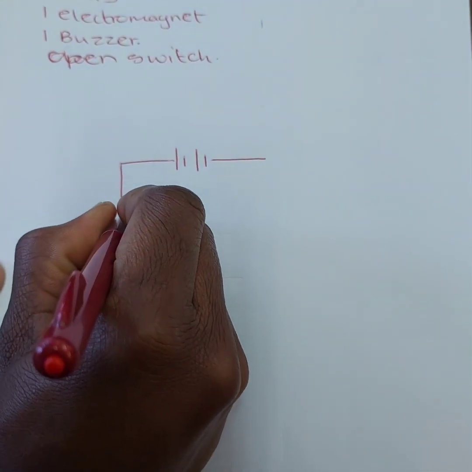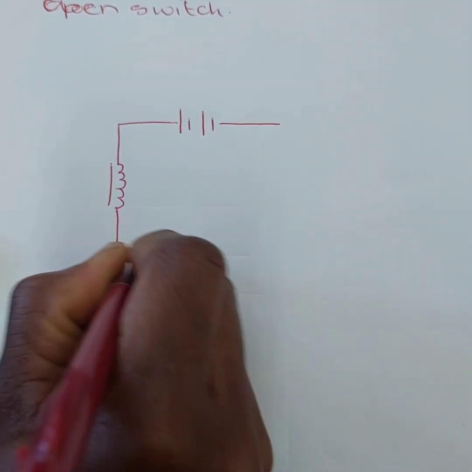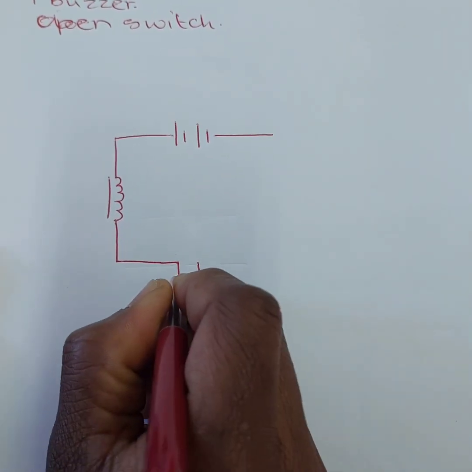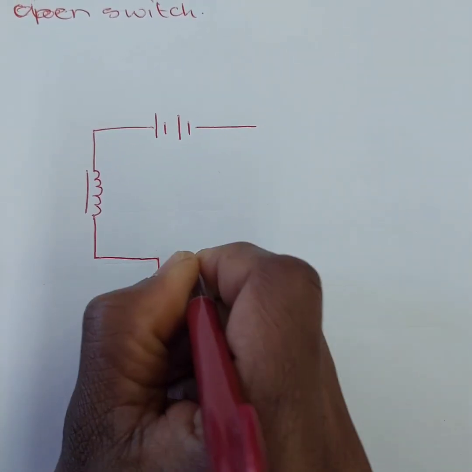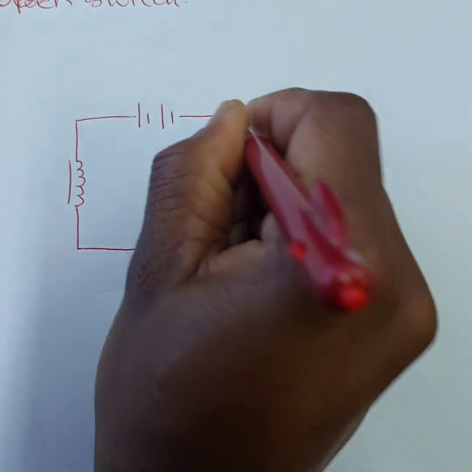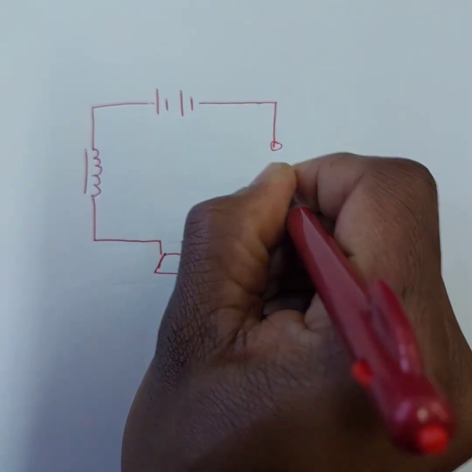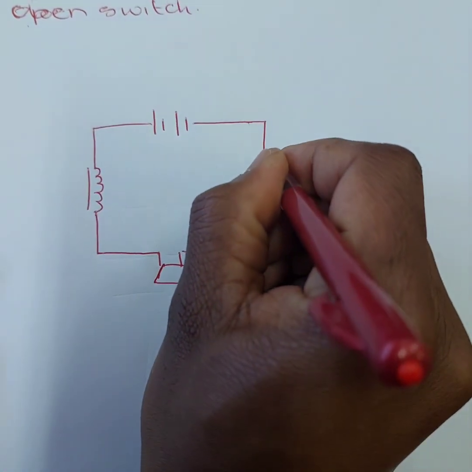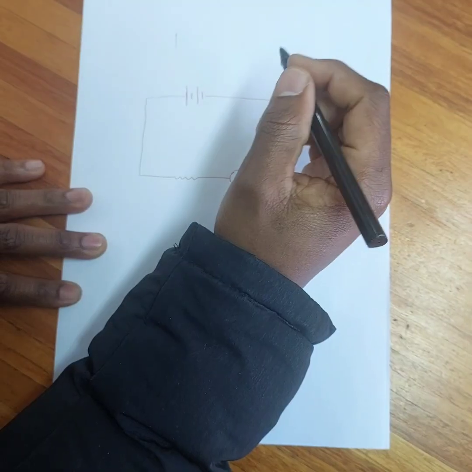So an electromagnet should be somewhere here, and then we continue, and here I am going to add a buzzer, and that is the buzzer. On the other side I am going to add a switch, and from the question it is an open switch. So that is an open switch.